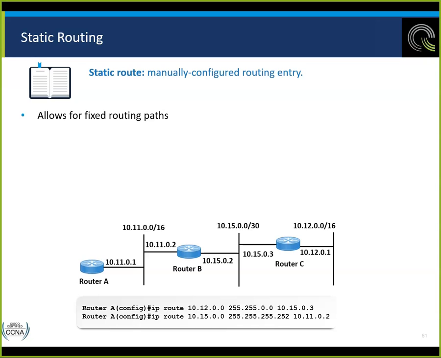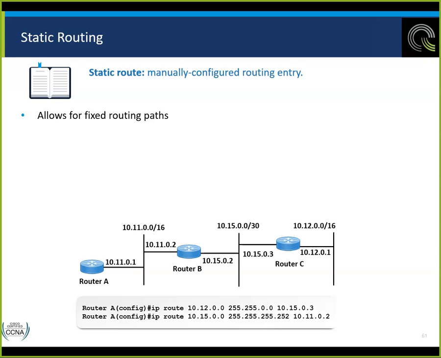The command to do it, same one that we used for that default route yesterday, IP route, excuse me, not next hop, IP route, the network that we're going to, the subnet mask of the network, and then the next hop address.